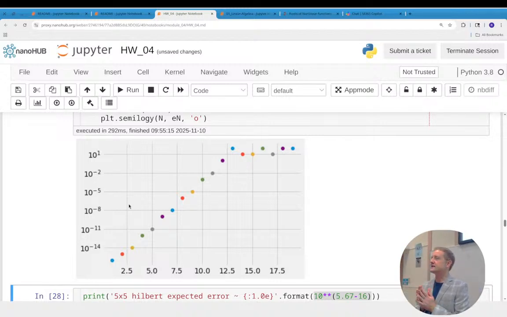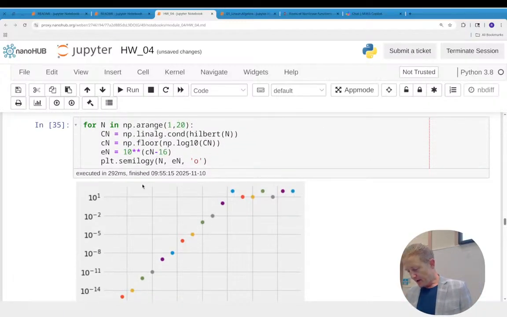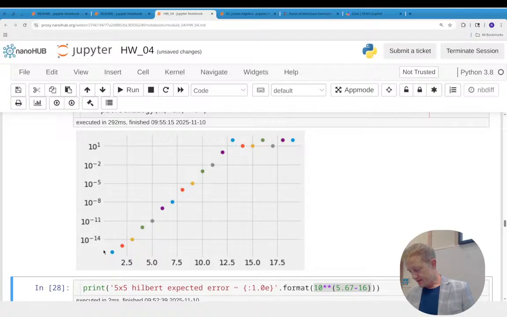Now, since I can automate it, again, if you can do it once, you can do it as many times as you want. I'm looking at what the expected error is as that Hilbert matrix keeps getting bigger. This isn't a general form. A bigger matrix does not necessarily mean a bigger condition number.